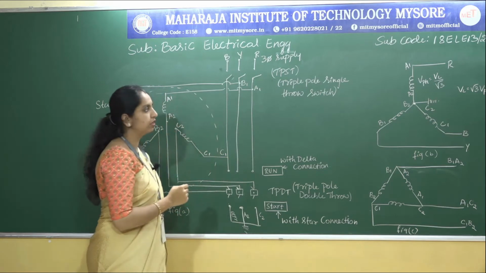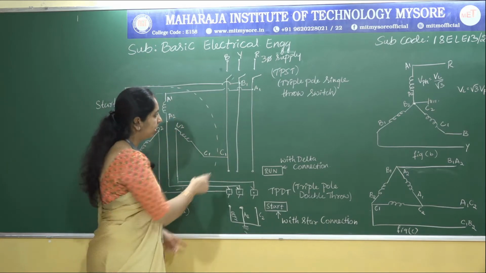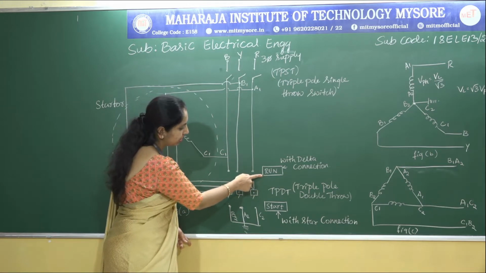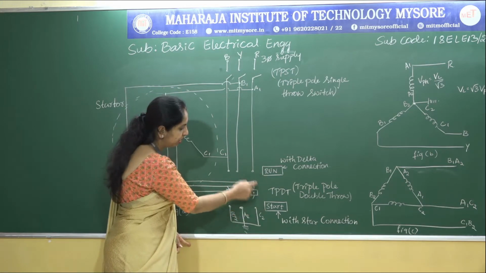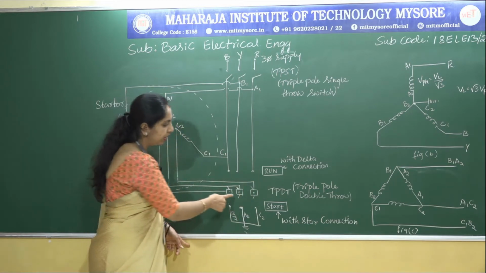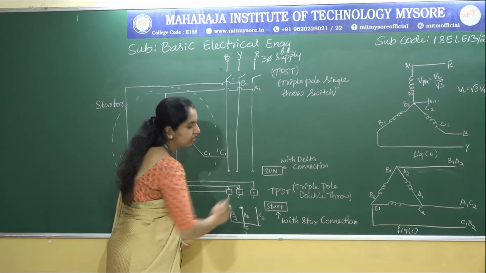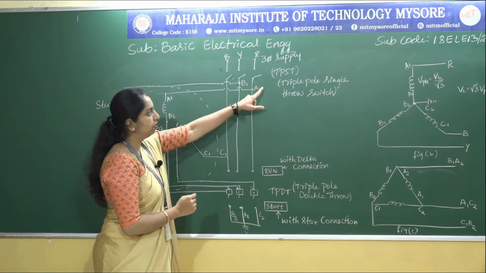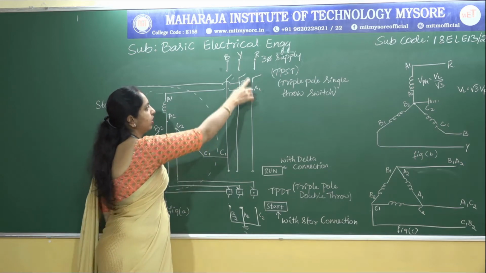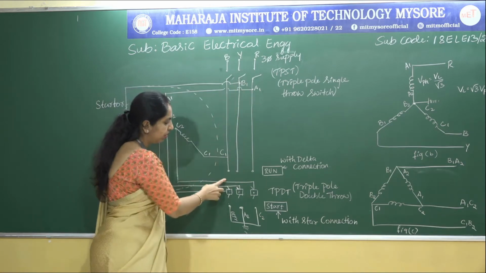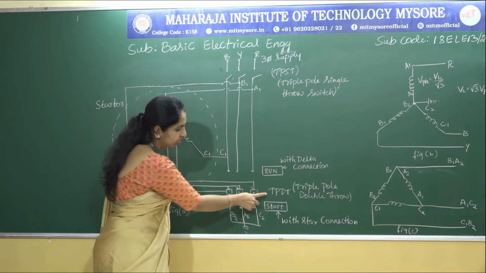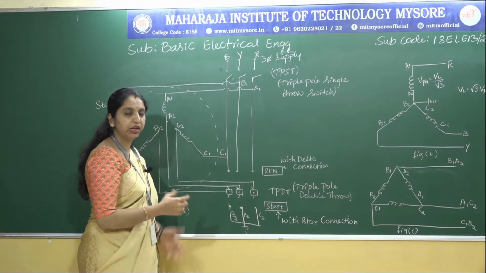TPST is nothing but a triple pole single throw switch, and you can see two positions here: one is the run position and the other is the start position. There is one more switch called TPDT, which is a triple pole double throw switch. Since we have only one switch operation in TPST, it is single throw, but since we have two here, it is called TPDT. Why is it triple pole?